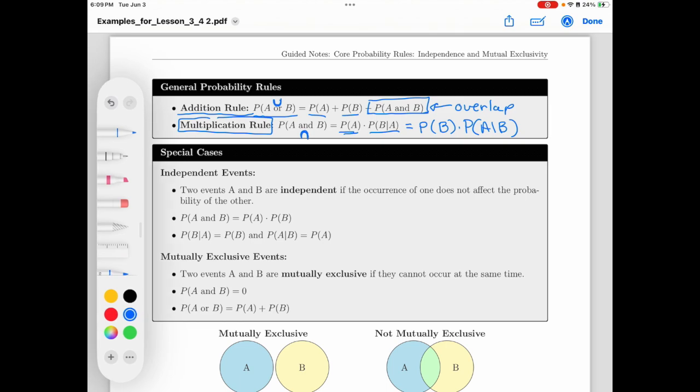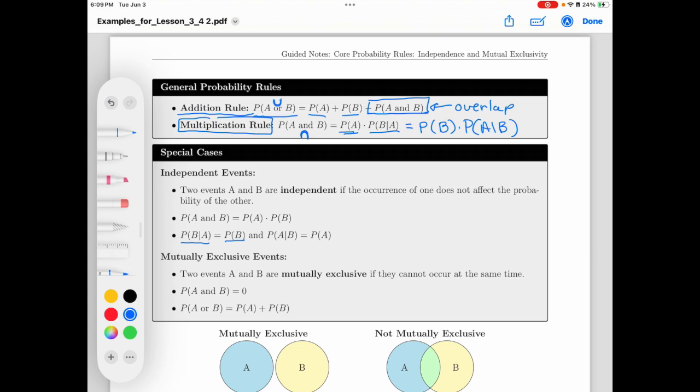Now, if you want to see what it looks like mathematically, if two events are not going to affect each other, then the conditional probability is going to be the same as the standalone probability.